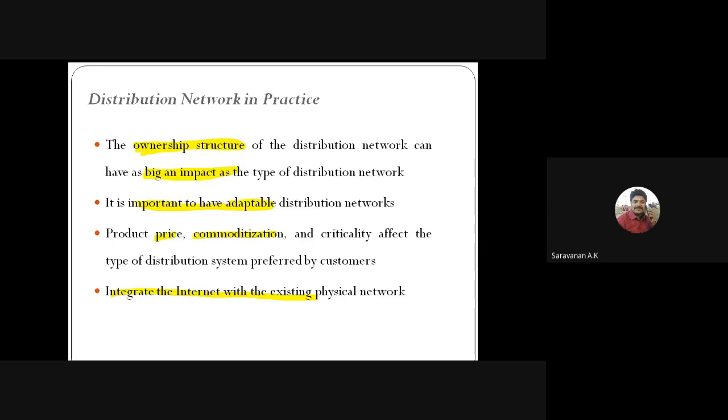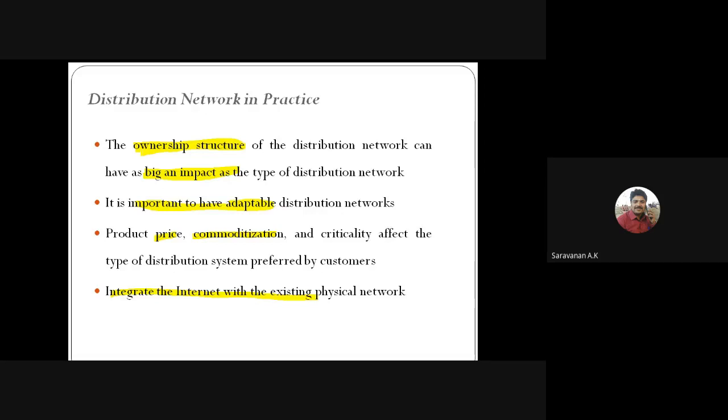Then the integration between the networks, that is the online channel, right? Integrate the internet facility and the existing physical product flow, right? To extract the maximum benefit from the online channel for physical products or goods, it should be integrated with the existing network in the supply chain, right?